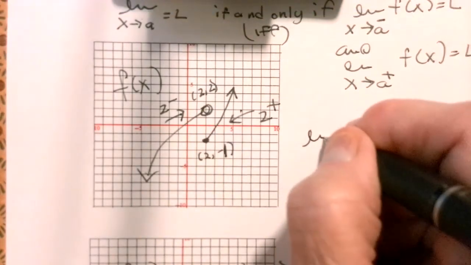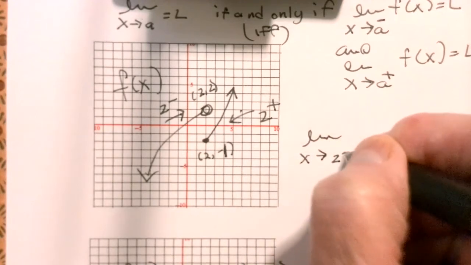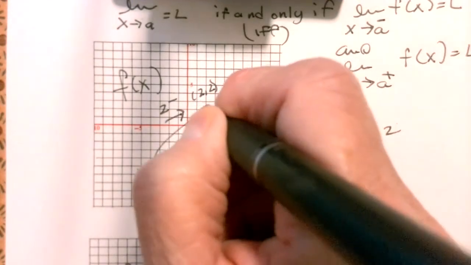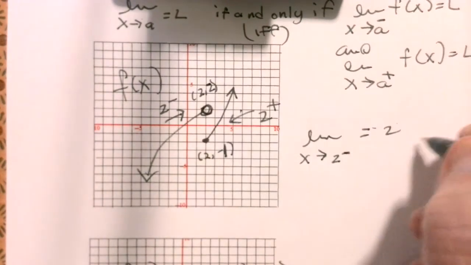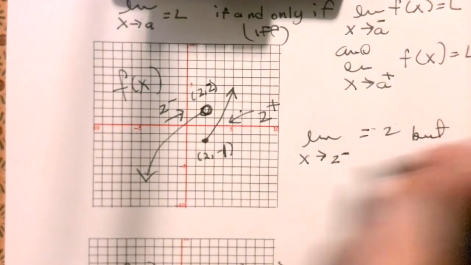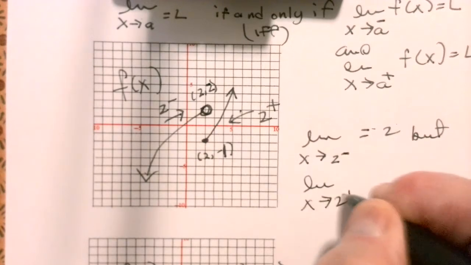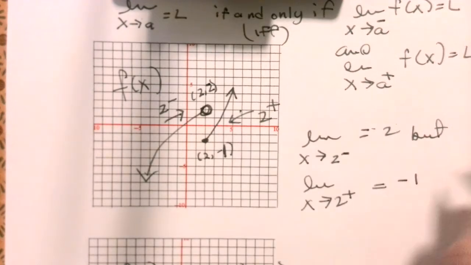So we would say the limit as x approaches 2 from the left is equal to 2. Because see that point that's actually not there, the y value is 2. But if we look at coming in from the right, it's going to be the y value right here, which is -1.